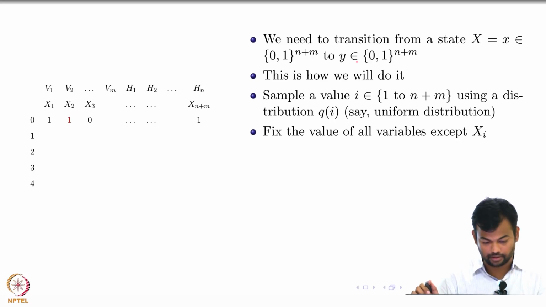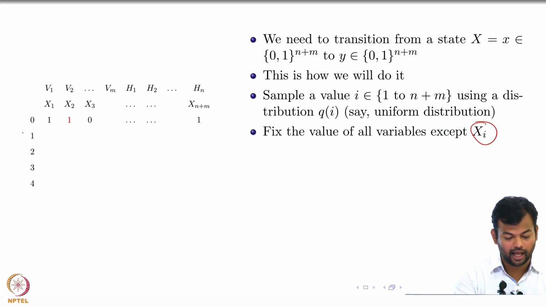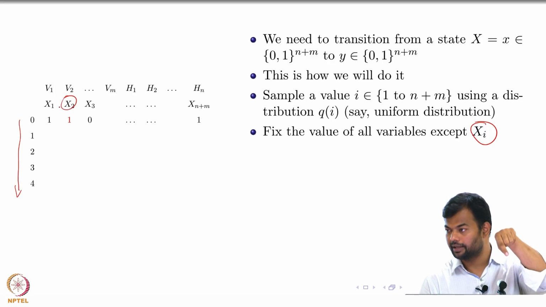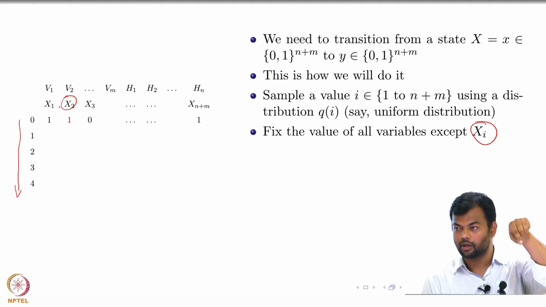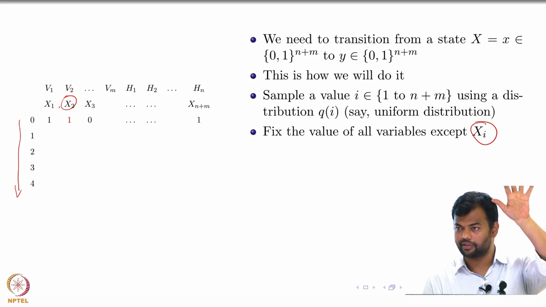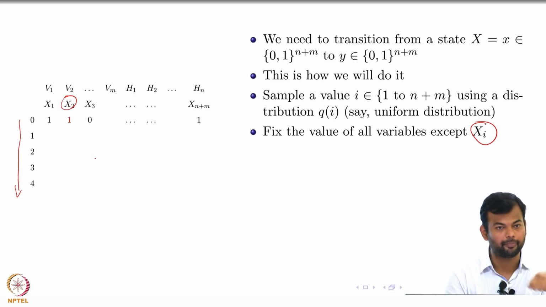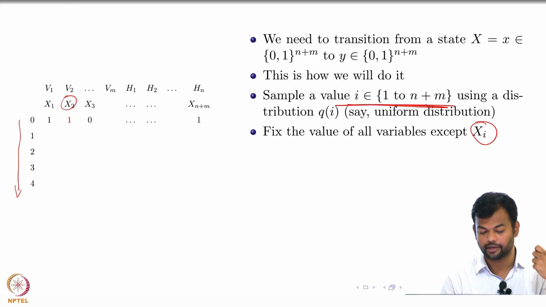Okay, so let's avoid confusion here. When I refer to xi, I don't mean the elements of the chain, I just mean the particular random variable in x. So I mean one of the constituents of capital X. Is that fine? Is there confusion with that? No. So say I've sampled the value 2, I have picked 2 as a number here.